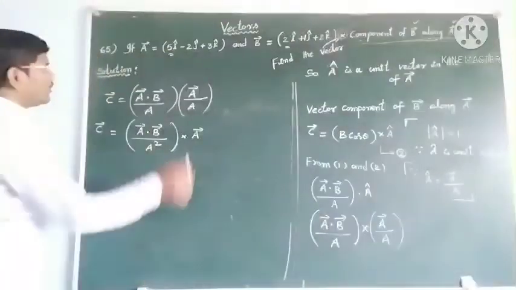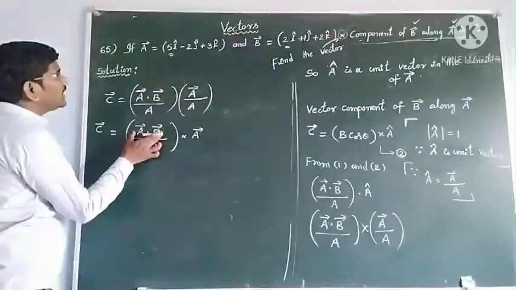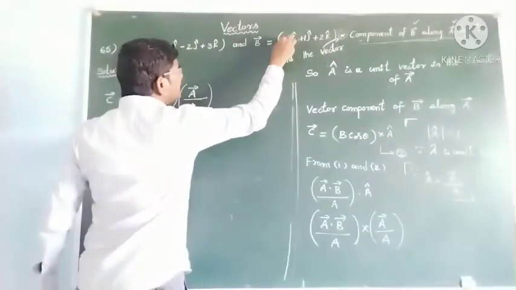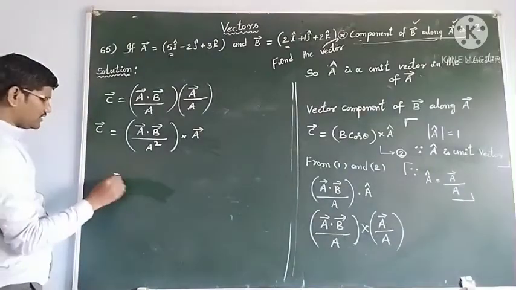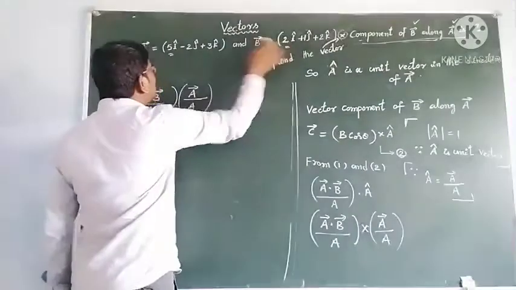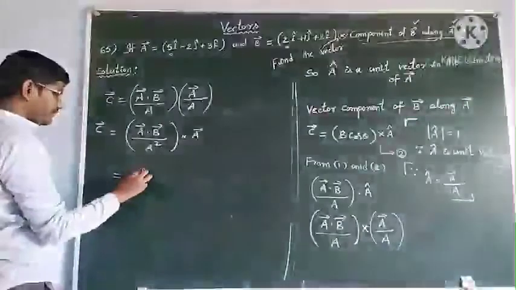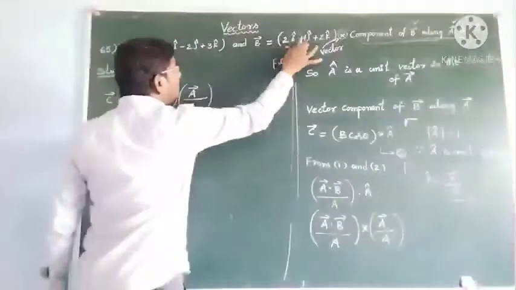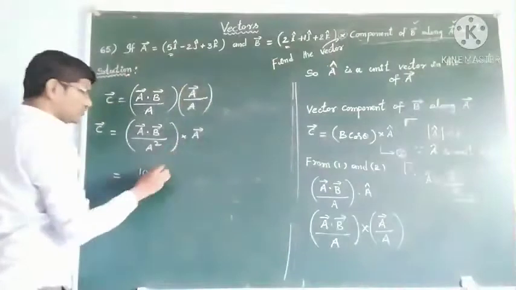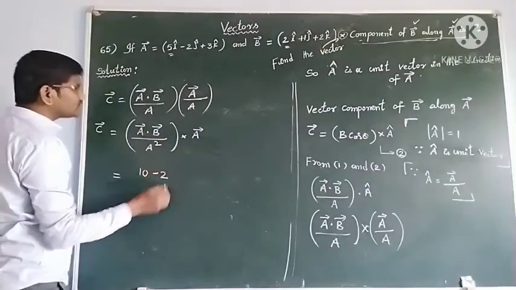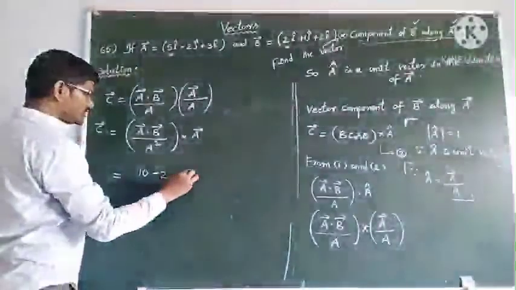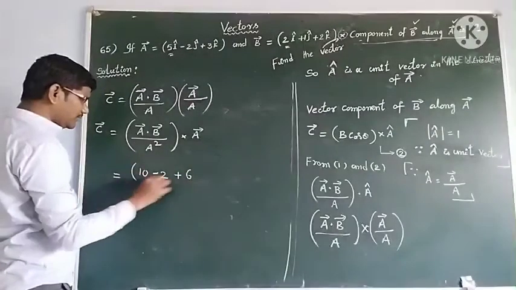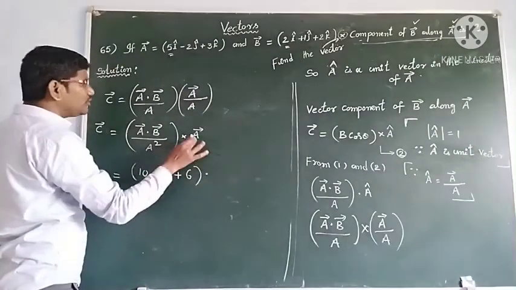Now we know A bar dot B bar means the I cap coefficients multiplied: 5 into 2, 10, and here 1 into 2, minus 2, and 3 into 2, 6. So this is A bar dot B bar value into the A bar value.